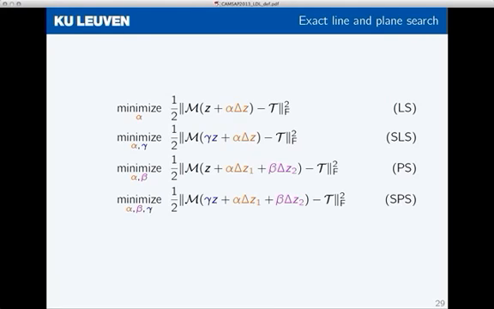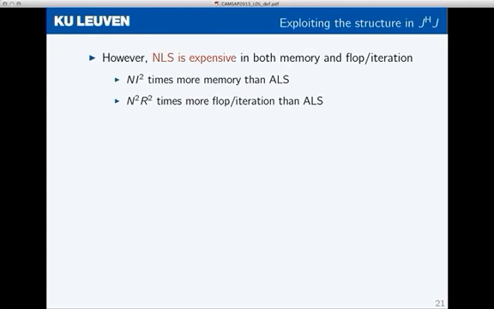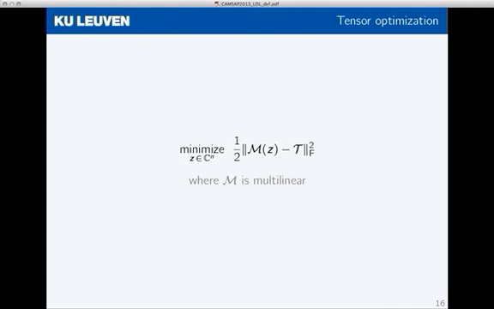This is the multilinear model. This is the given tensor T. You have your parameter vector that you want to estimate, and you look for an update in a certain line. Alpha is the step size. This is the search direction. Now, a nice thing is it's all multilinear. So what does that mean?